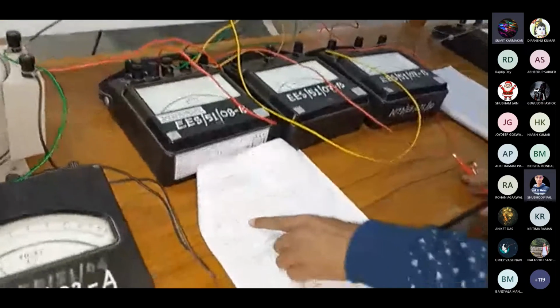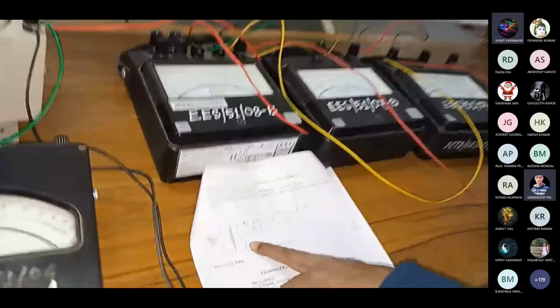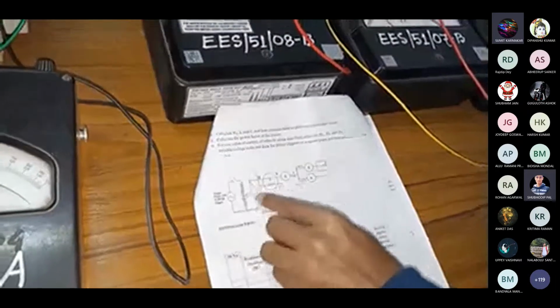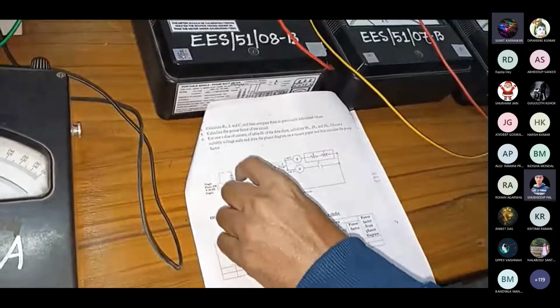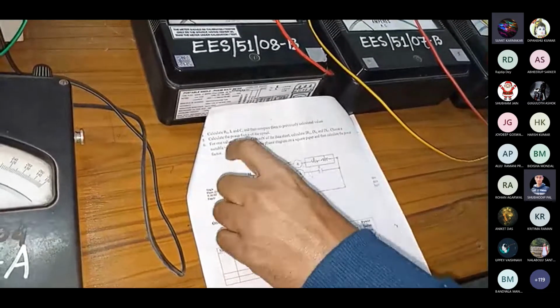Now, one more thing. In this circuit, we have a voltmeter connected across this autotransformer, as I told you. Why have I connected it? Because so far we have connected the voltmeter across the load.